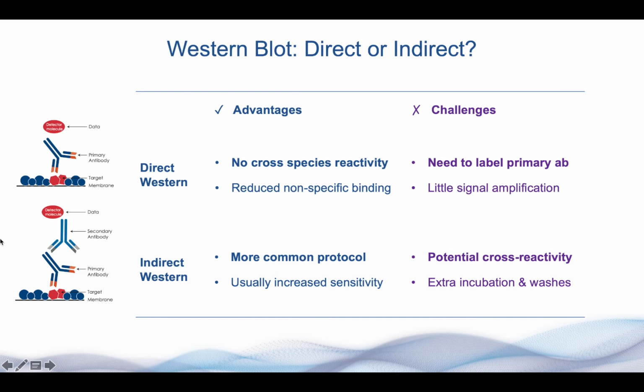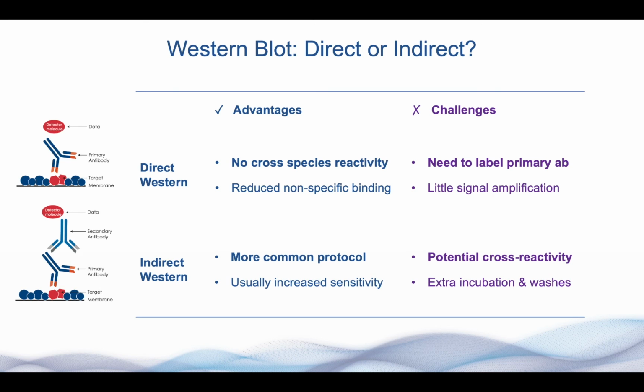So what are the advantages of direct versus indirect Western blotting? Well, I would say generally, if you do not have to, and you don't have any problems with cross-species reactivities, indirect Western is the first choice. It's just a more common protocol. But you have to be careful that there is always a potential for cross-reactivity.